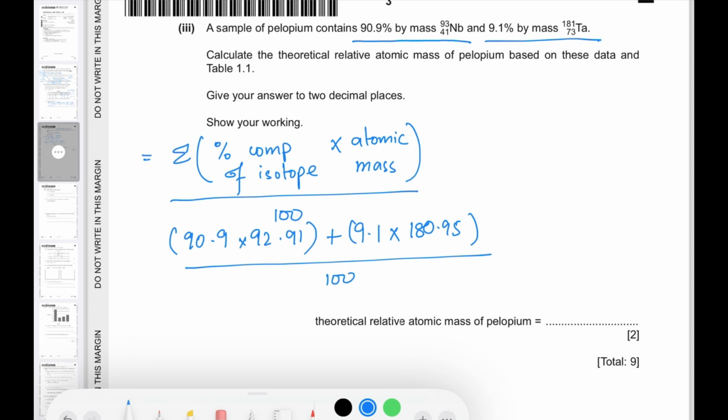That leaves you with 100.92, correct to 2 decimal places.